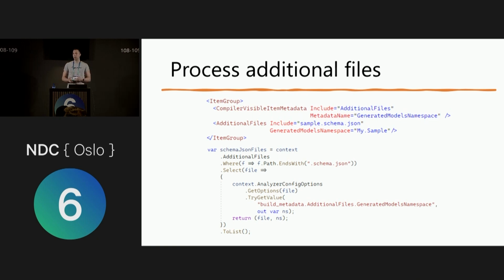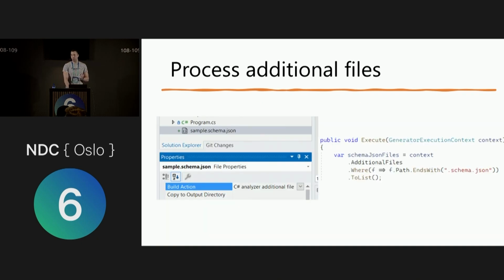And then on the files that I actually reference as an additional file, I can just set that metadata. Let's not say property, that has a different meaning in MSBuild. I can set that metadata to some value, and it would make that available in the analyzer. If you do that in NuGet packages, there are also ways to make those metadata and values show up in the Property Explorer. But you need to write XAML files for that.